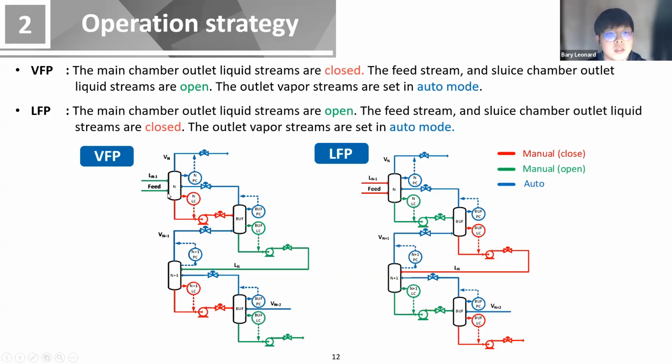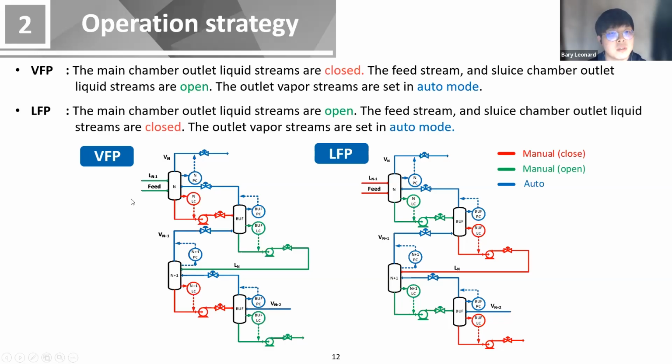So the liquid will be retained on the main stage, and the vapor will go up from one stage to the other stage automatically, or we set the control in auto so that the stage pressure will control how much flow the vapor will be. And the liquid outflow from the sluice chamber will be open to let the liquid from stage N flow down to stage N+1.